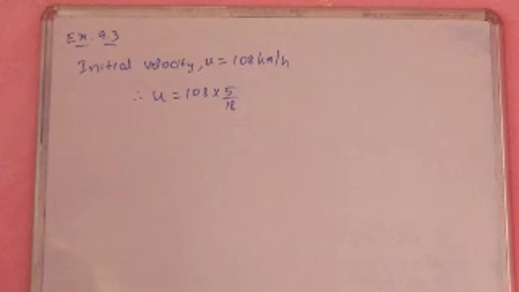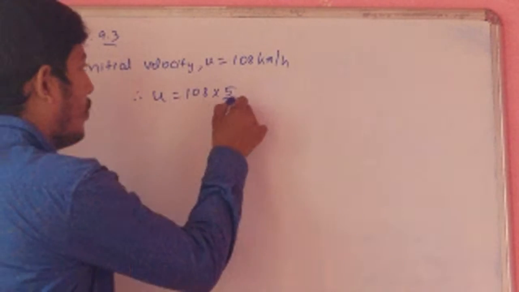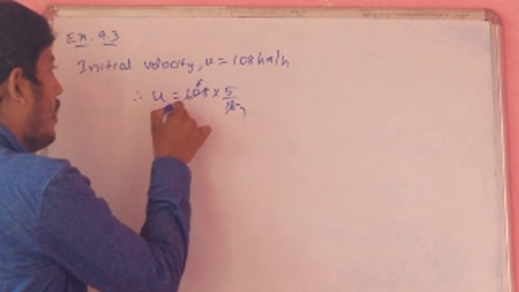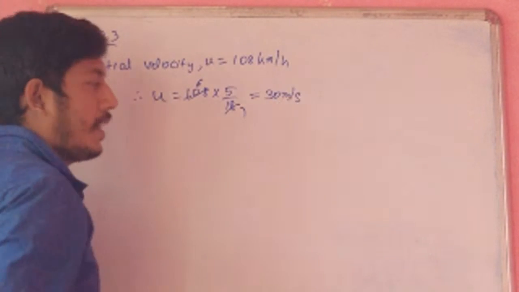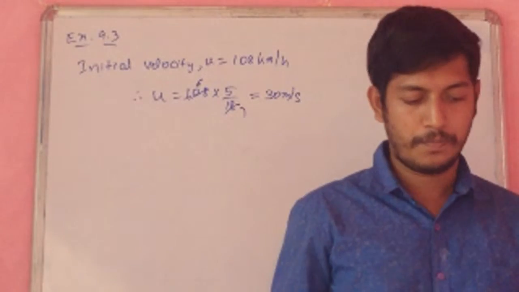Yes, that is the correct answer, because 18 ones are 18, 18 sixes are 108, and u becomes 6 fives are 30 meter per second, which is the initial velocity.